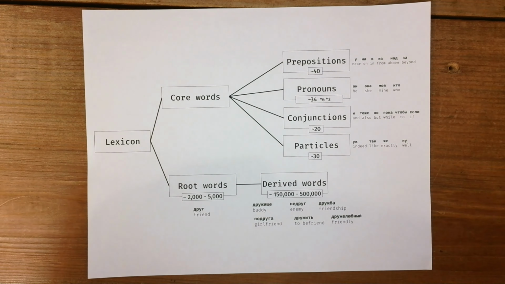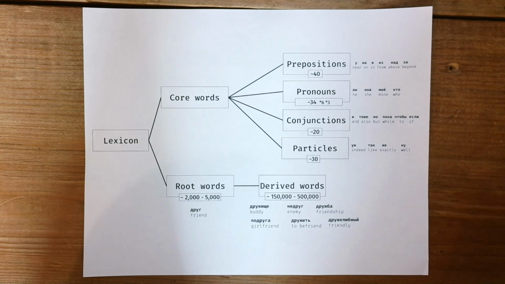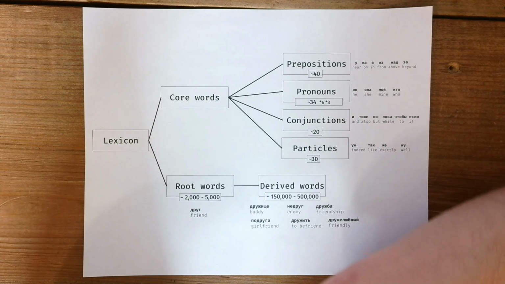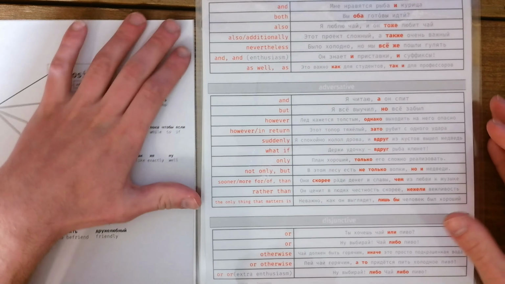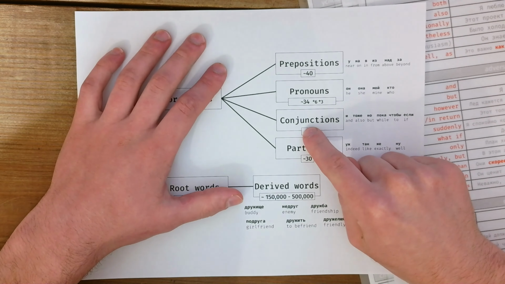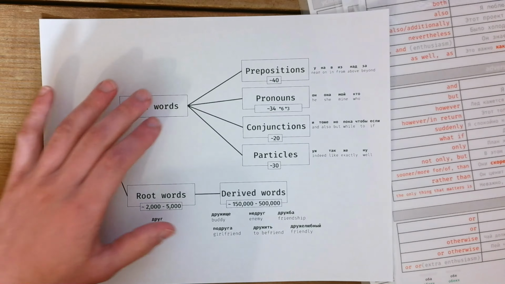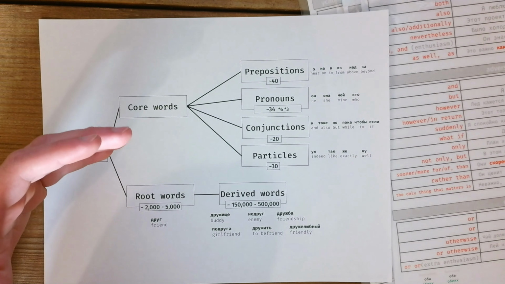And conjunctions. Also, you'll need a table. Conjunctions. These are words for connecting sentences, like also, to, if.